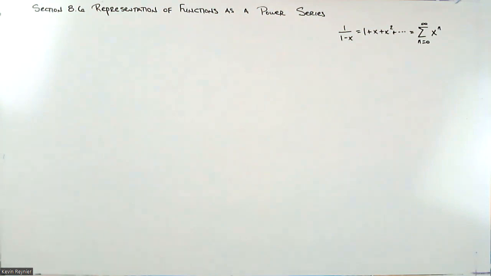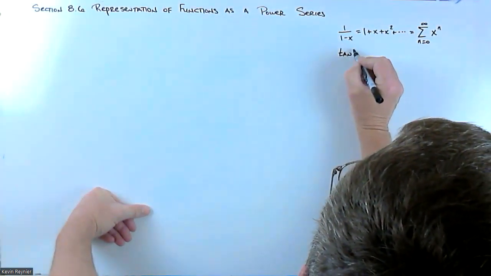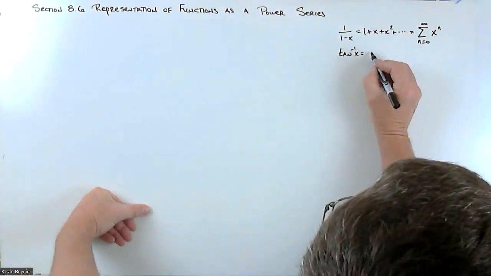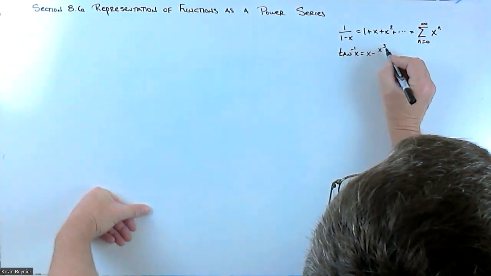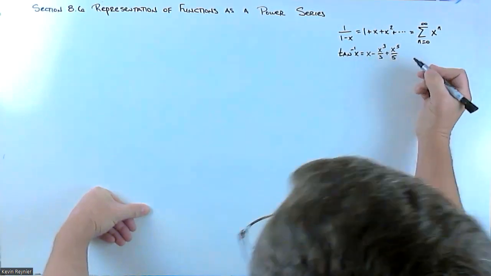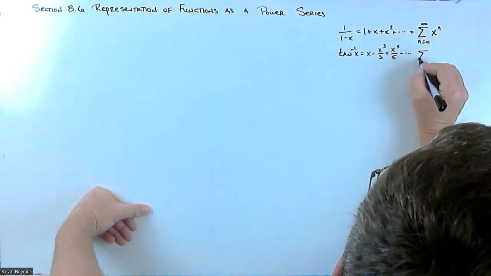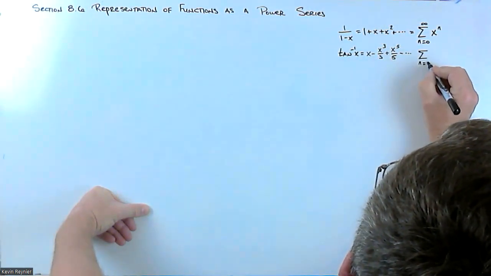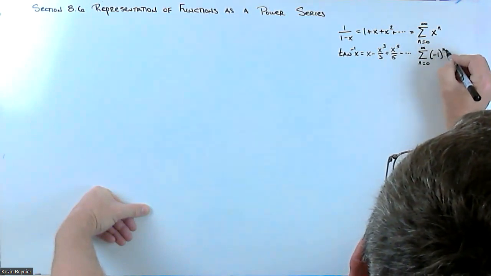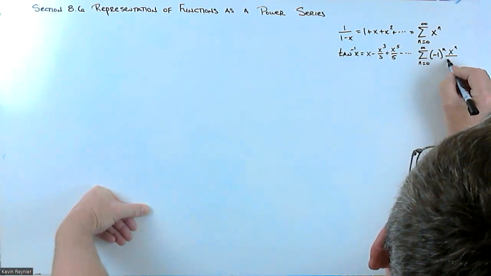And then in the examples for the section, the book gives us the power series for inverse tangent of x as well. They tell us that inverse tangent of x is equal to x minus x cubed over 3 plus x to the 5th over 5, etc., or what we can write as sigma n equals 0 to infinity, negative 1 to the n, x to the n over n.